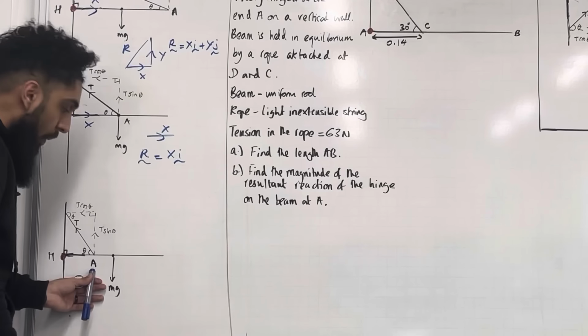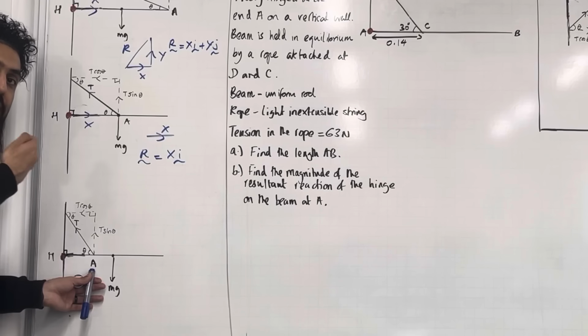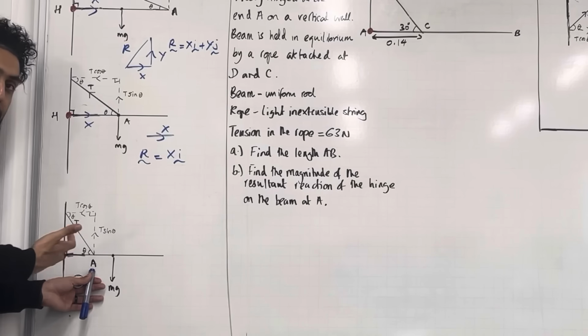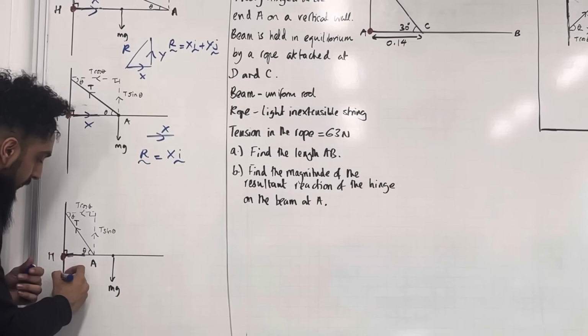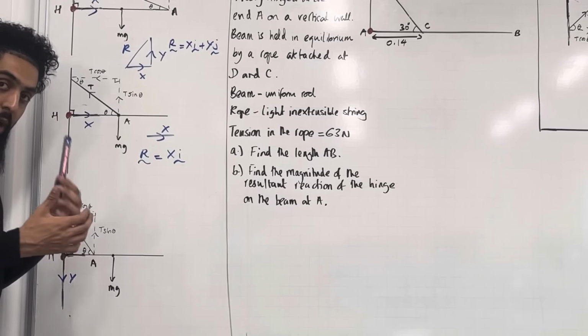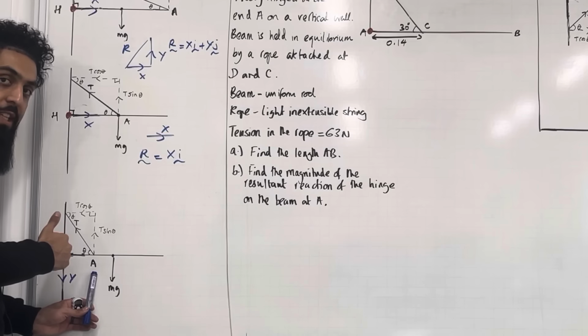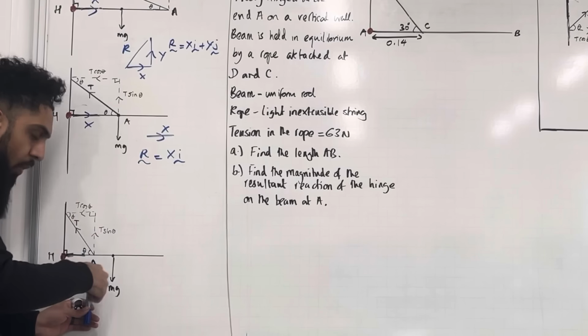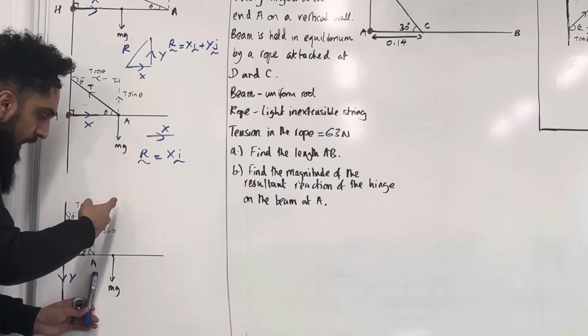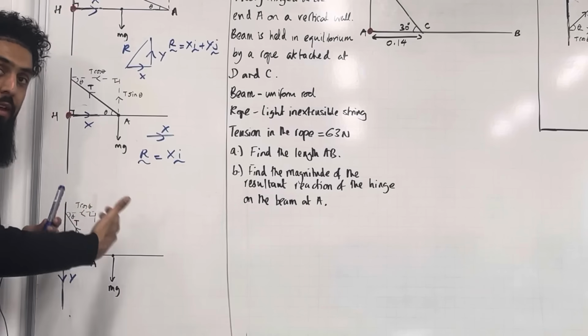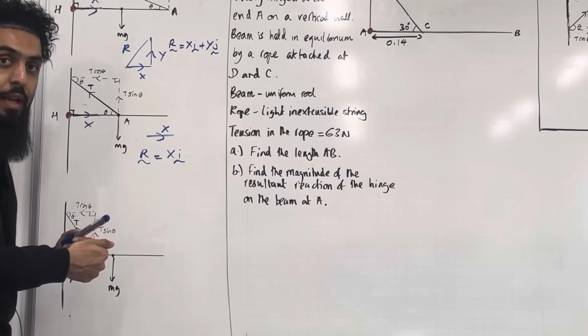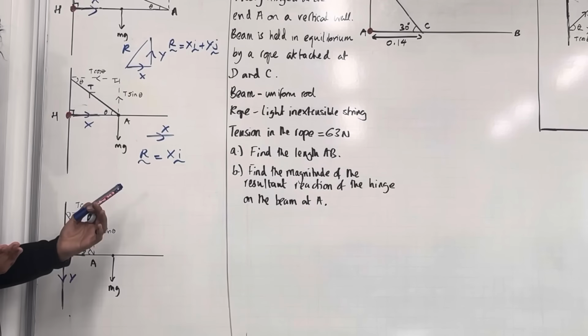So the vertical component of the reaction force released by the hinge on the beam has to act downwards. Because if I hold on to the point A, that force is going to take the whole body, or you could say the beam, anti-clockwise. So clockwise equals anti-clockwise, keeping the beam, or you could say the body, in equilibrium vertically.